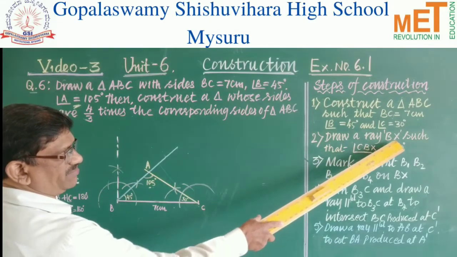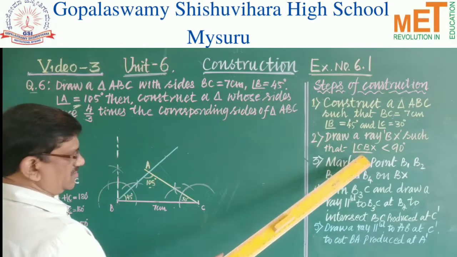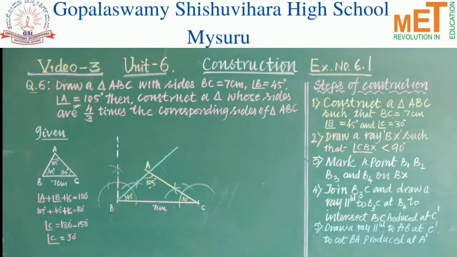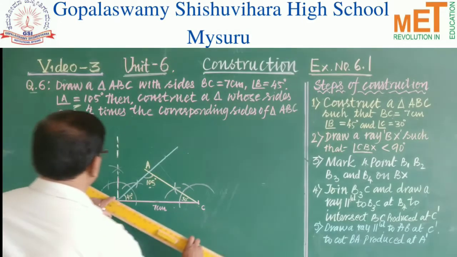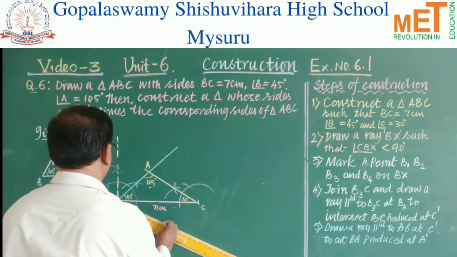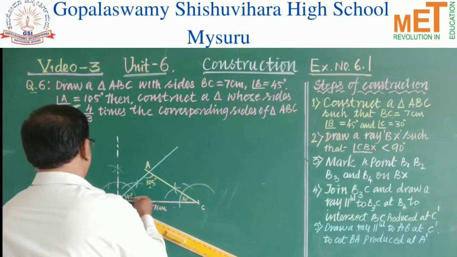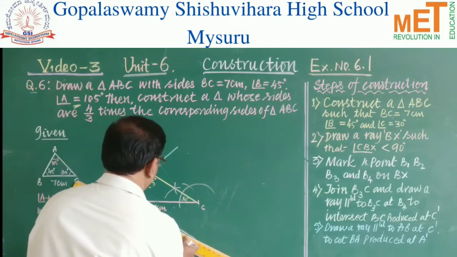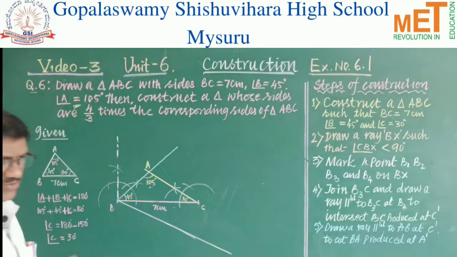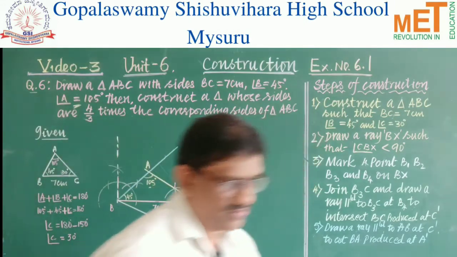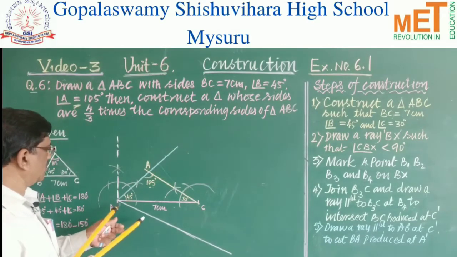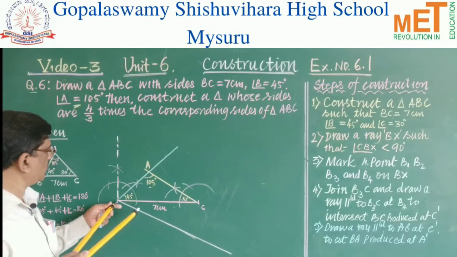Draw a ray BX such that angle CBX is an acute angle. Okay, draw the line segment. Okay. So, after that, with a convenient radius in the compass, mark how many points? 4 points.